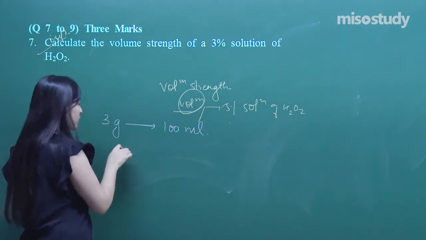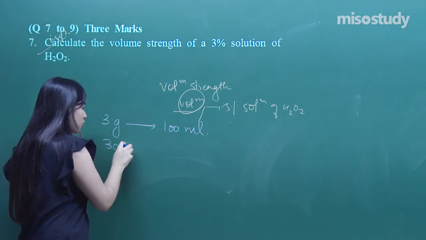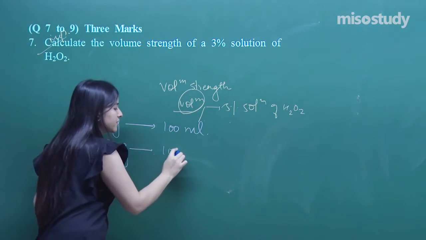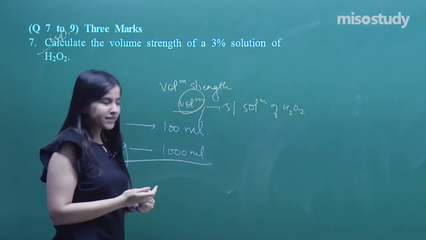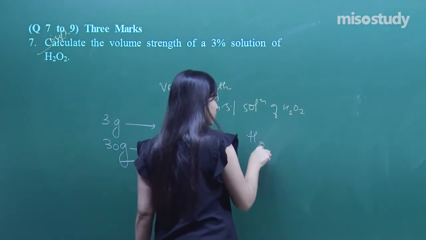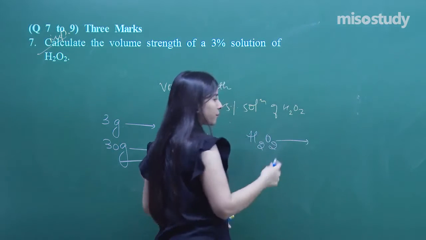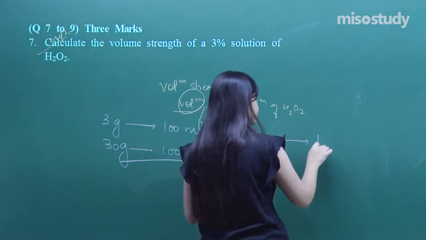And now we are talking about 1000 ml. So, 30 grams will be dissolved in 1000 ml per liter I have calculated. Fine. Now, if I talk about the reaction, the reaction basically is the formation of oxygen.